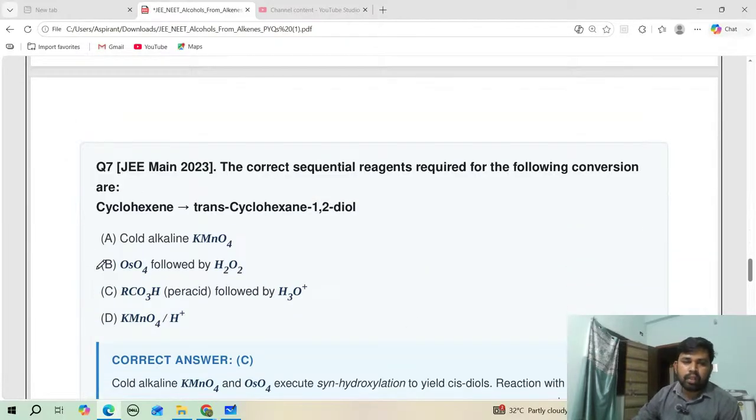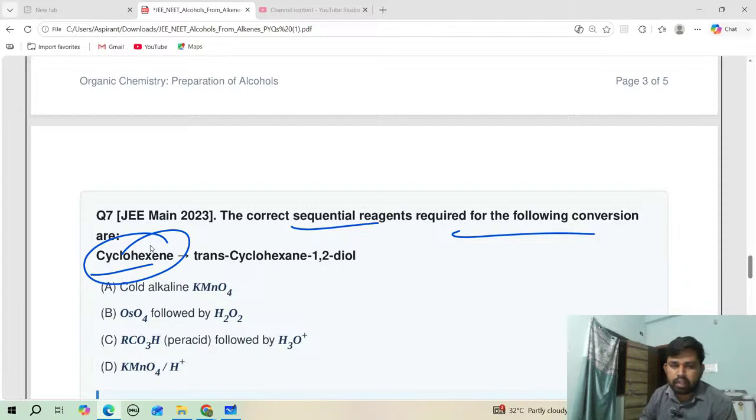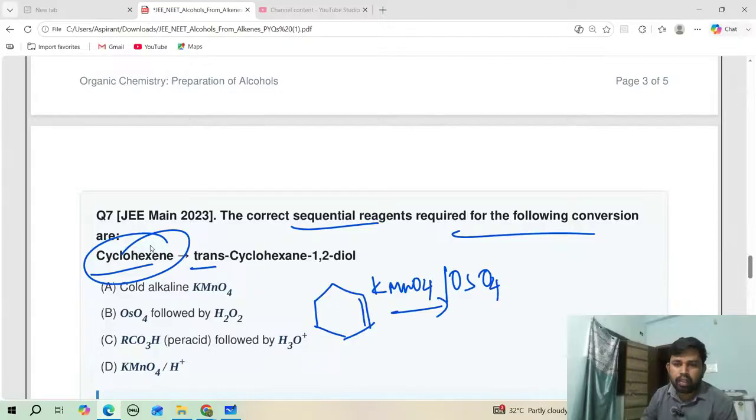In this process, they are asking for the correct sequential reagents required for the following. Cyclohexane means one, two, three. This is hexene. Okay. Cyclohexene. They are saying if you're adding KMnO4 or if you're adding osmium tetroxide, it gives a compound like this with OH OH.